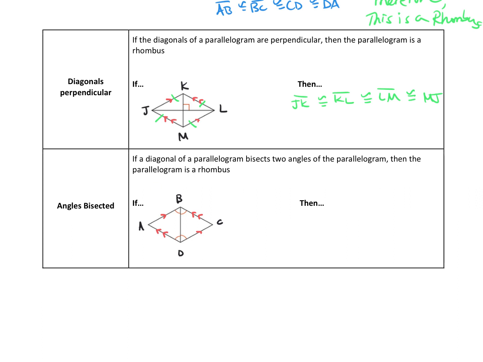So if you have a diagonal bisecting two of those opposite angles, you've got a rhombus, which means all four sides are congruent. Now that we know it's a rhombus, then AB is congruent to BC, which is congruent to CD, which is congruent to DA.